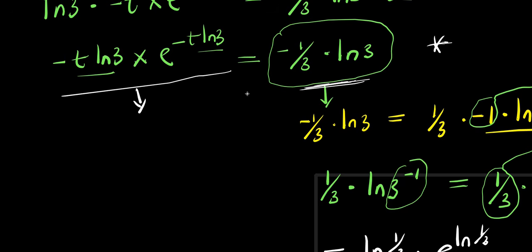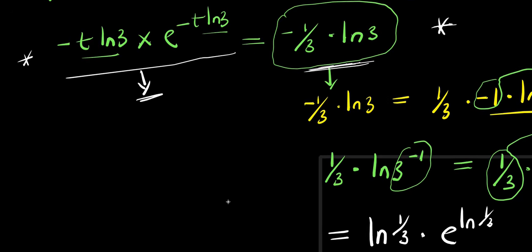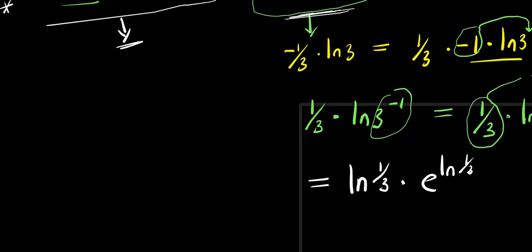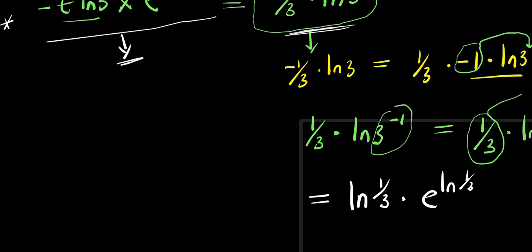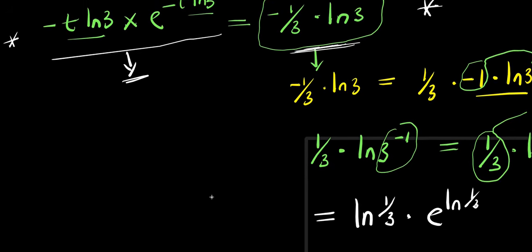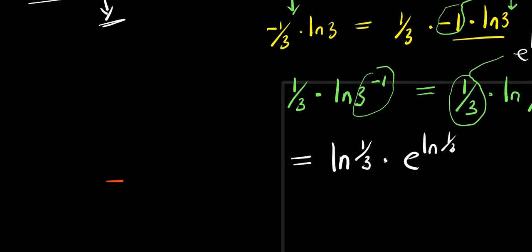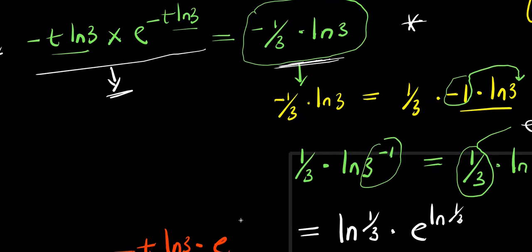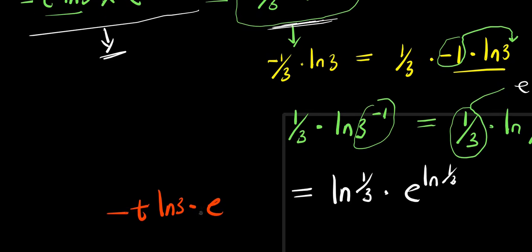But meanwhile, take note of this equation. So let's bring this back to the equation. So we have negative t ln 3 times e power negative t ln 3.